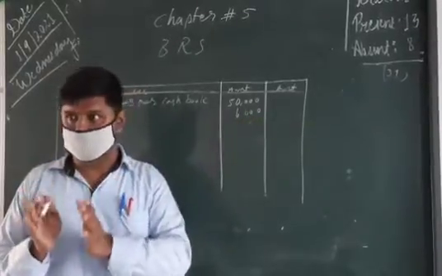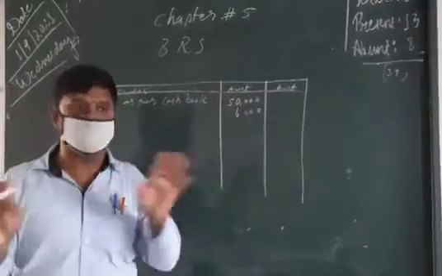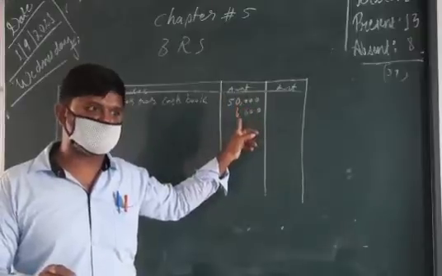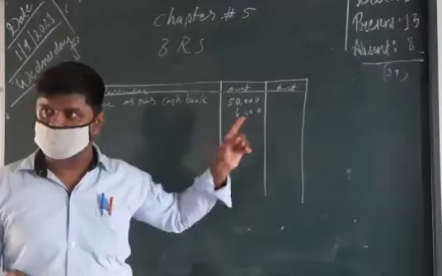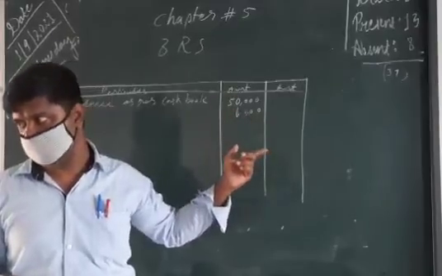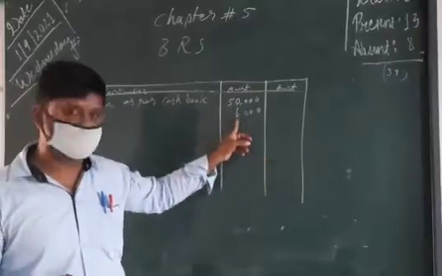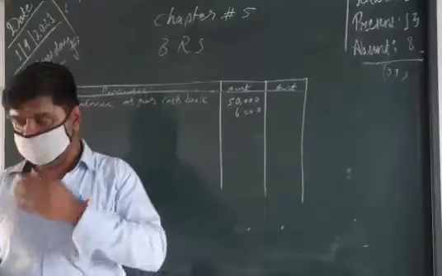From here we reduced it, but according to bank that amount is not reduced. So in bank that amount is more. That means 6,000 more will be there. So we added here in order to bring it to a common figure.